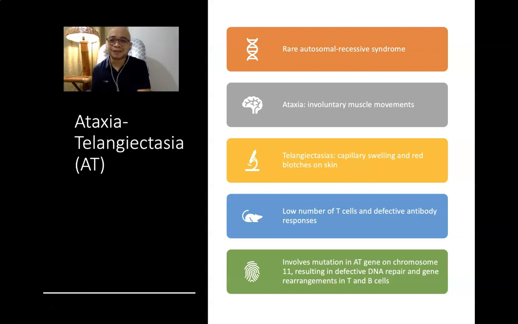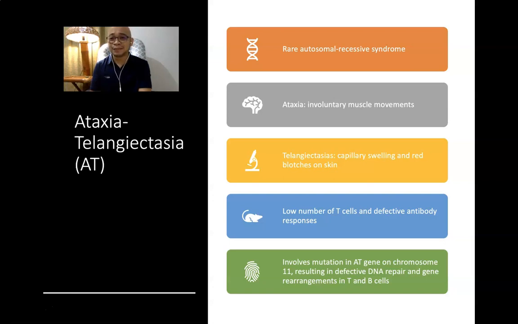The reason this occurs is the low number of T cells and defective antibody response. The gene is called the AT gene, which is encoded on chromosome number 11.